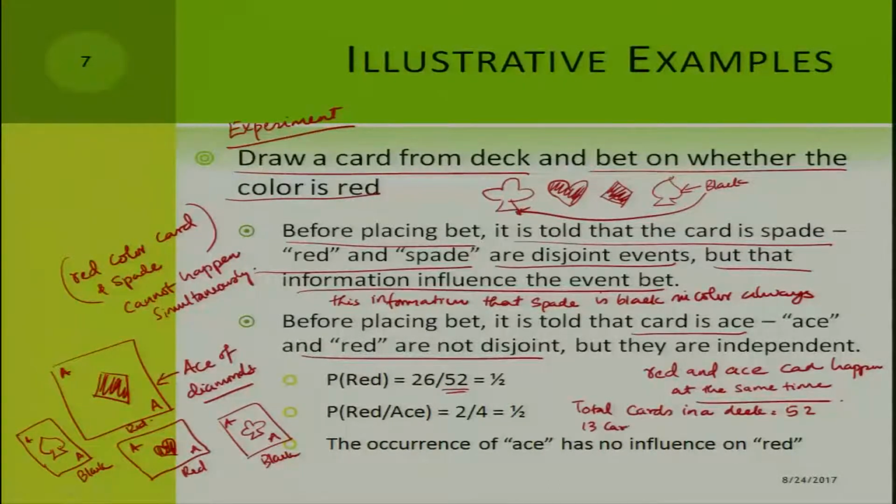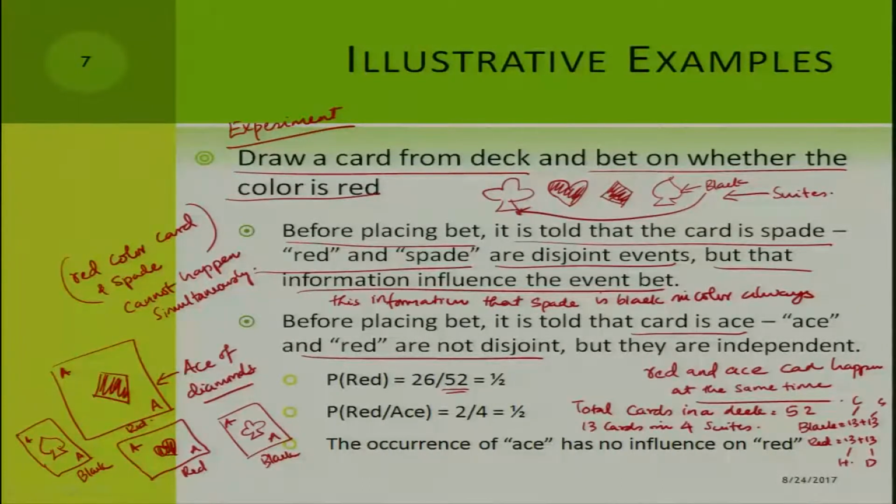There are 13 cards in 4 suits. These are the suits. That gives you the 52. Black is 13 plus 13, red is 13 plus 13. This is the clubs and spades, and this is the hearts and diamonds.